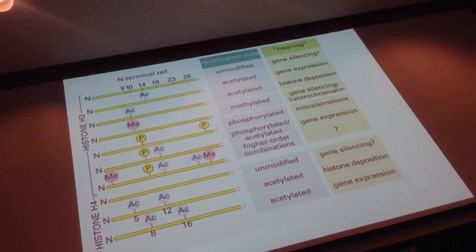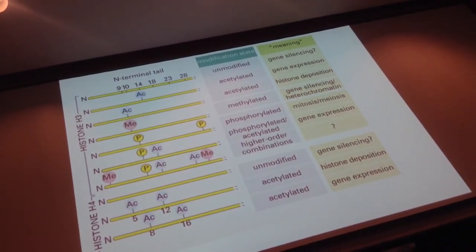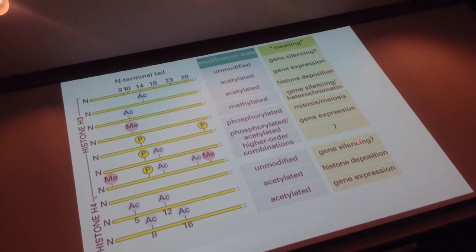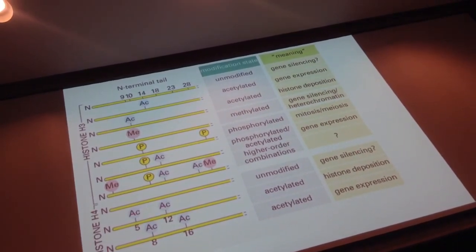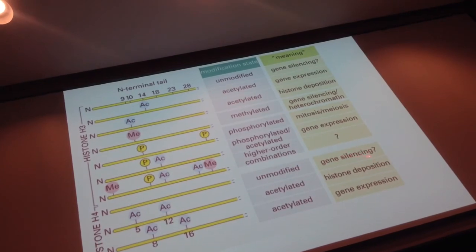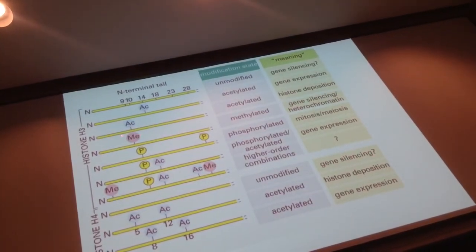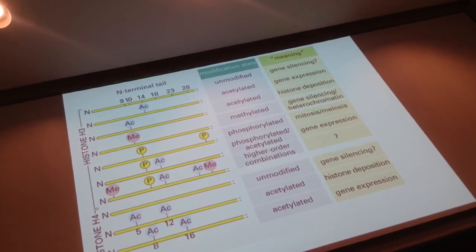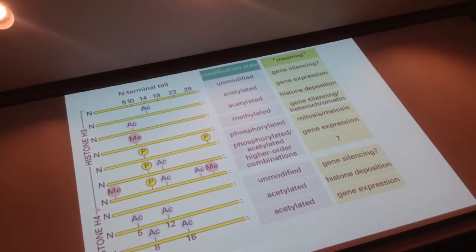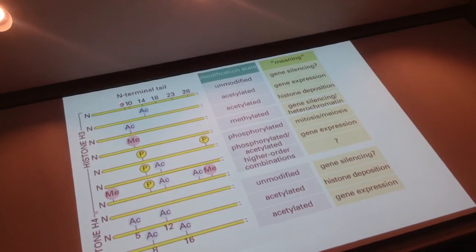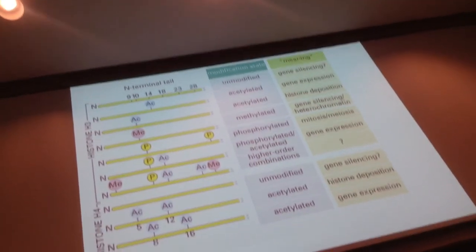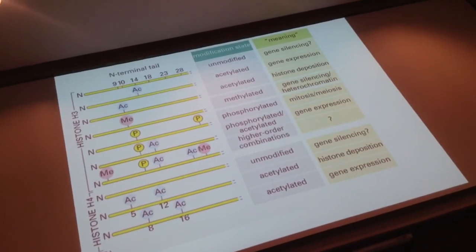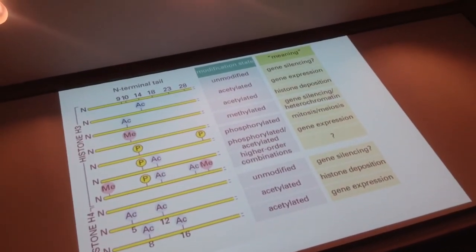If you look at some of these that say gene silencing, right? Unmodified histone H4 is silencing. But also, in general, this methylation, in particular when it's alone, so in histones, if you methylate 9 rather than acetylate it, it's associated with silencing of chromatin, silencing of expression.